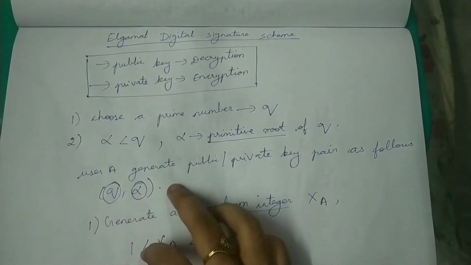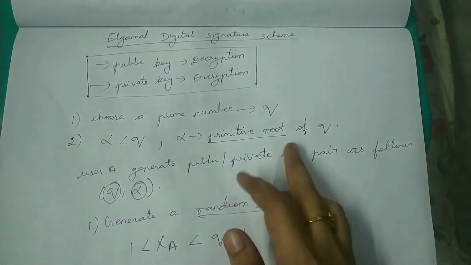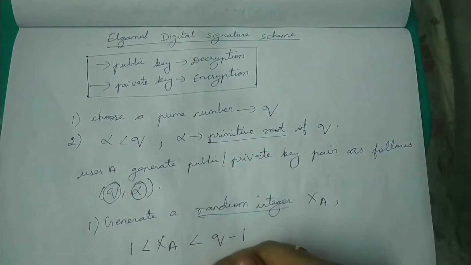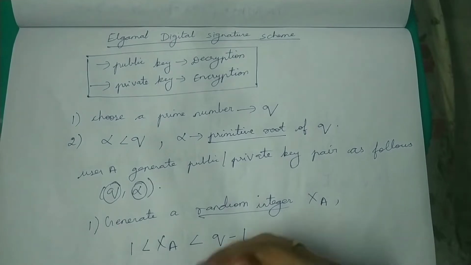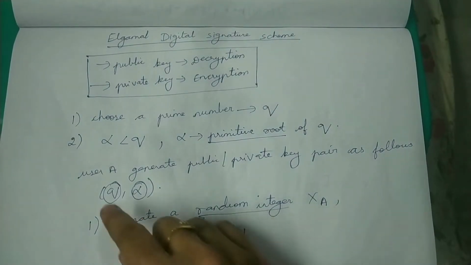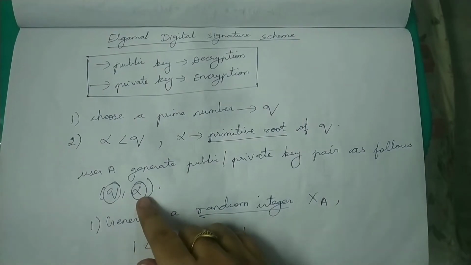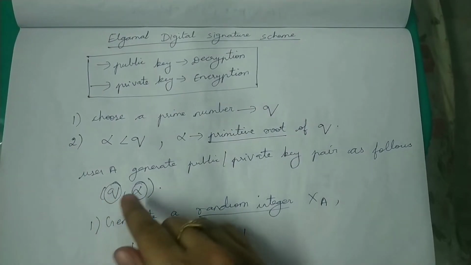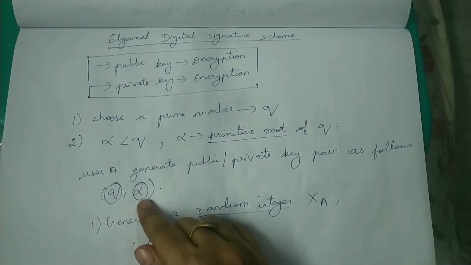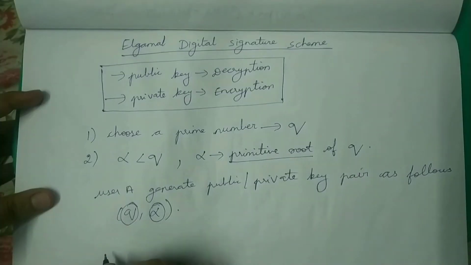User A is going to generate the public and the private key pair as follows. So let us see the steps one by one. So this is Q comma alpha. We know the values of Q as well as alpha. This Q is the prime number and alpha is some random integer. So now let us see the steps under this.